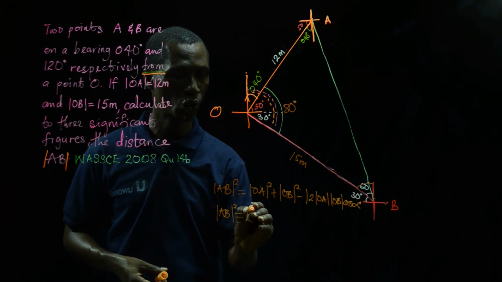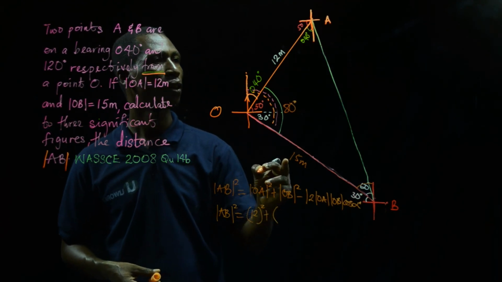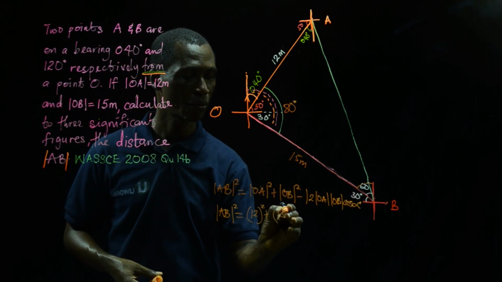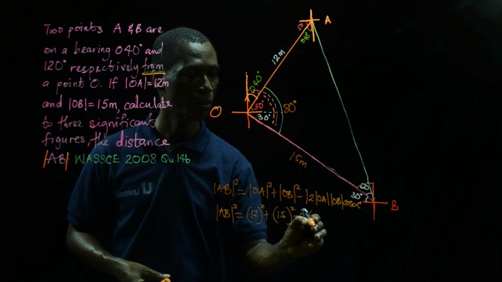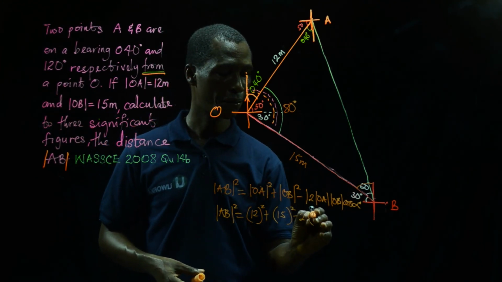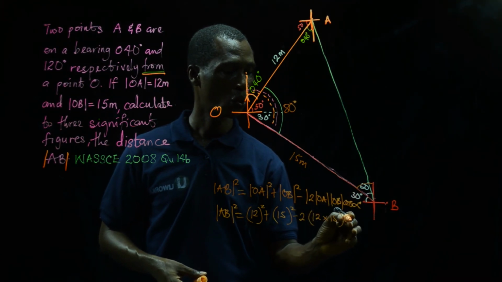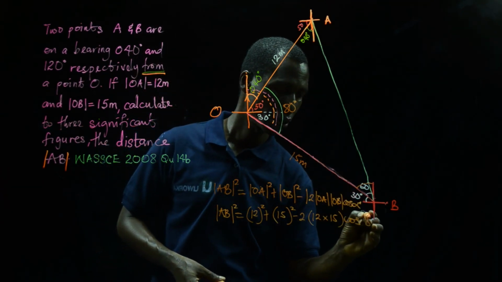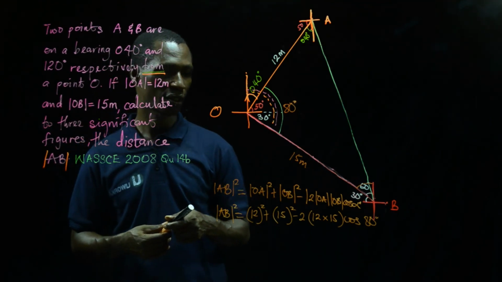So we have 12 squared plus, we have OB, which is 15 squared, minus twice 12 times 15, cos the angle we had, which is 80 degrees.